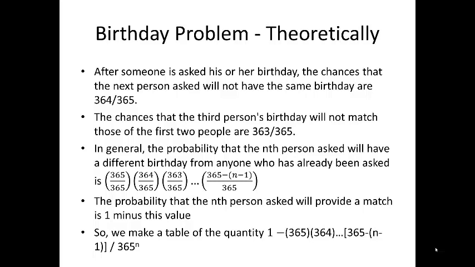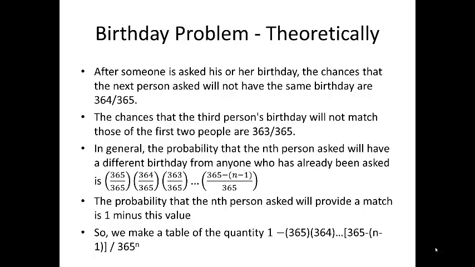The sequential nature of the explanation does not imply that the events are dependent here. So, in general, the probability that the nth person asked will have a different birthday from anyone who's already been asked is 365 times 364 times 363 times up to 365 minus n plus 1, all divided by 365 to the n.